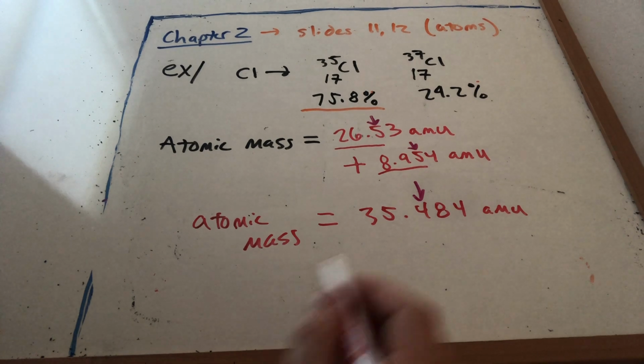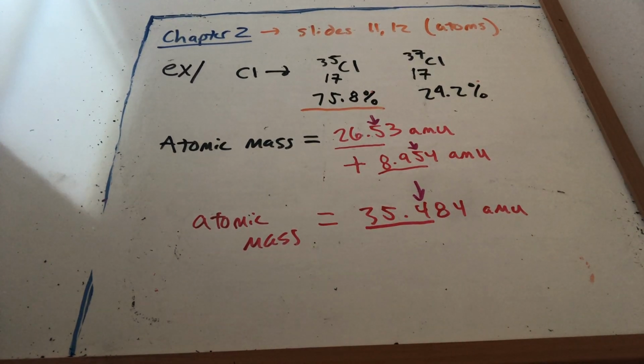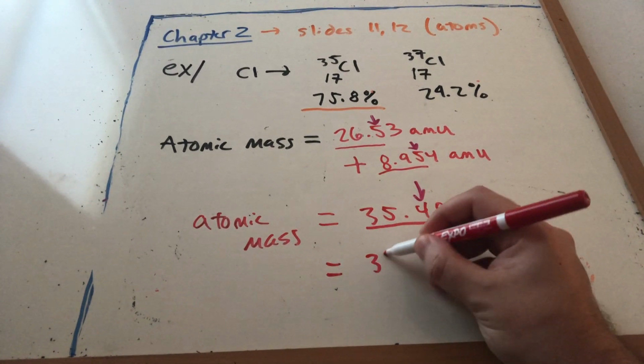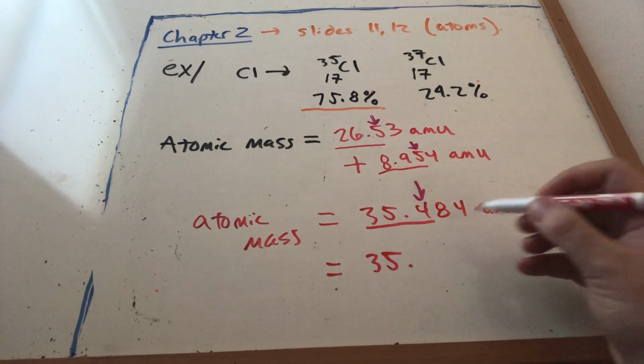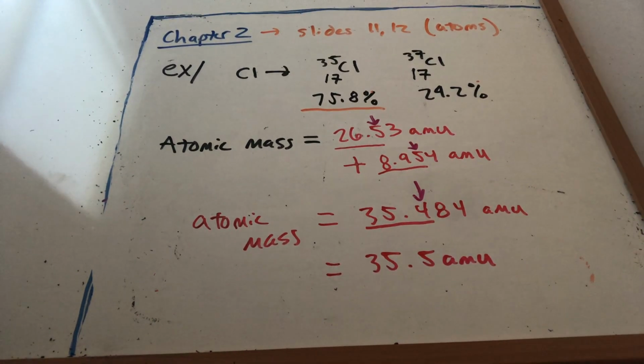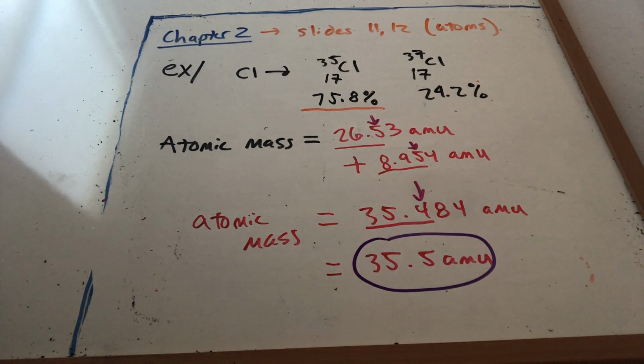So really, even though this is what my calculator spits out, this would be the correct number of significant figures. So what I input into Chem 101 is 35.5 AMU.